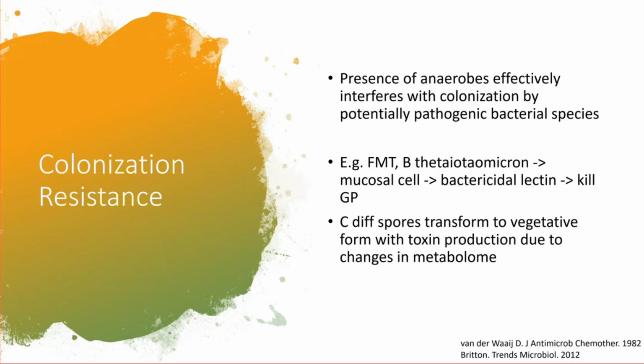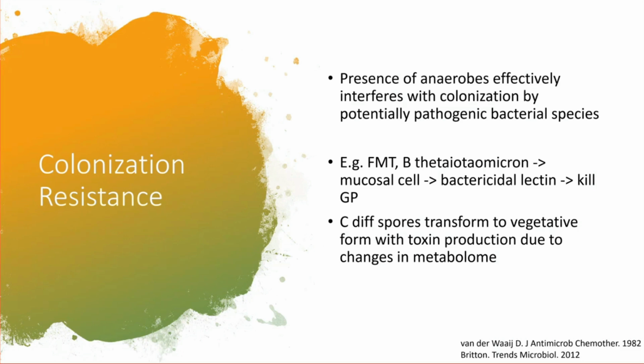Because the presence of all these anaerobes effectively interferes with colonization by potentially pathogenic bacterial species. So easily put, in C. diff infection, we kill all of our good microbiome, and your C. diff spores germinate, they produce toxins because you don't have that nice colonization resistance by your other microbiomes.